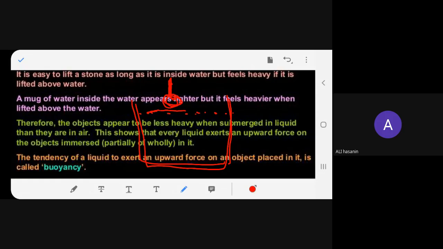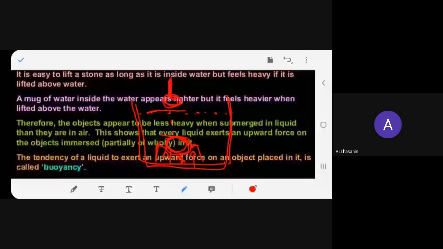As soon as I immerse it inside the water, I will not feel the weight because there is an upward force applied by the water. This force on the stone is called buoyancy.